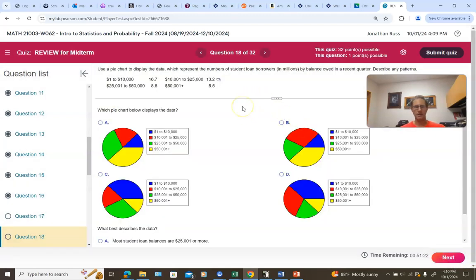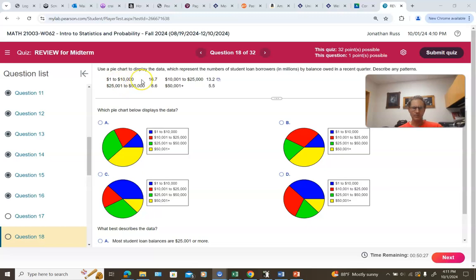Alright, let's look at pie charts. Okay, this says, use a pie chart to display the data which represent the number of student loan borrowers in millions by balance owed in a recent quarter. Describe any patterns.